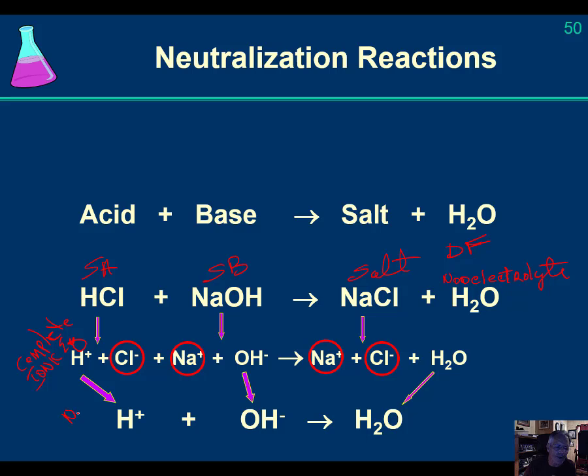This will be the net ionic equation for any strong acid, strong base reaction. This is what's really going on in a neutralization reaction. The H plus and the OH minus hydroxide ion are both being neutralized in this neutralization reaction, which is a metathesis reaction.